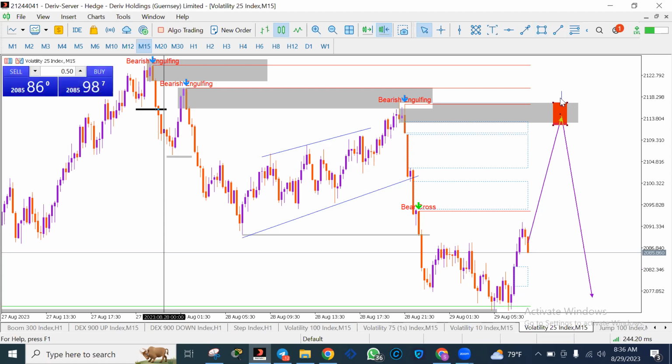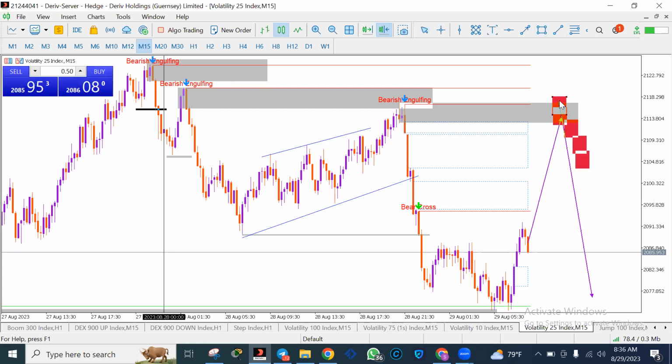It has been invalidated. Both the wick of the candle and the body of the candle have to be inside this box. That is how you confirm if the market is going to keep going in your direction.